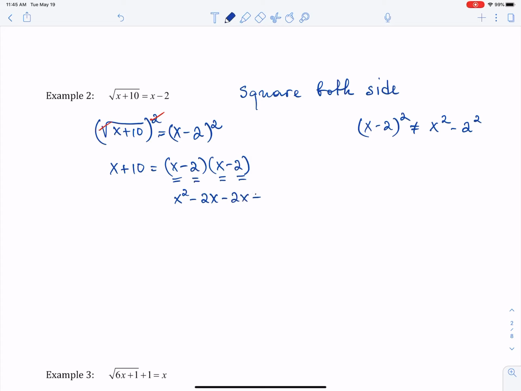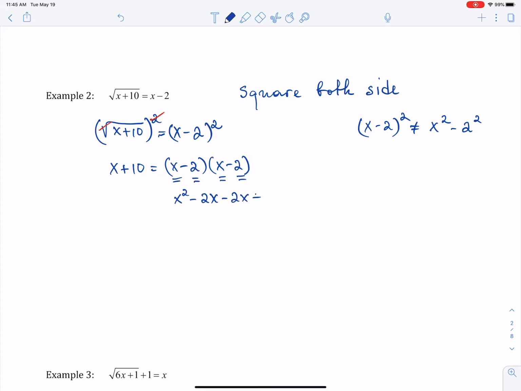Now this is again a quadratic equation, so I'm gonna subtract x from both sides and subtract 10 from both sides to move all the terms to one side. X squared minus 5x minus 6. Again, I can use the quadratic formula.